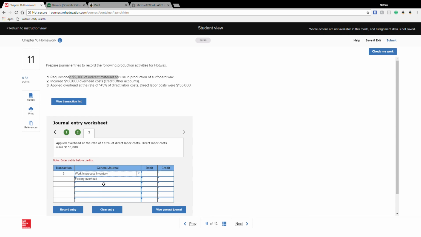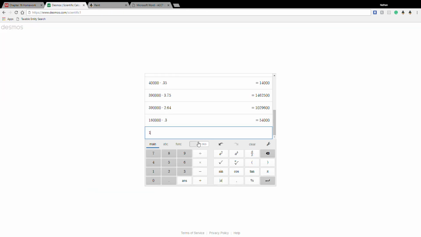So our predetermined rate is related to direct labor cost. But our direct labor cost was 155,000. So again, all we have to do is take the predetermined rate that's given to us this time around and times it by 155,000.